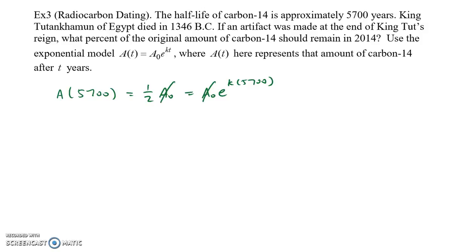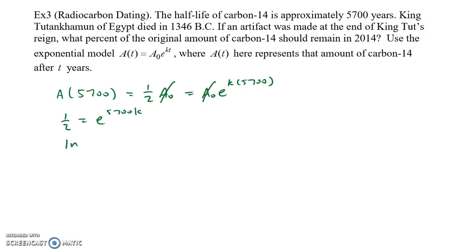So even though we don't know what A0 is, we can just eliminate it from the equation. Our resulting equation then is 1/2 equals e to the 5,700 times k. This is a simple exponential equation that we can solve using natural logarithms.